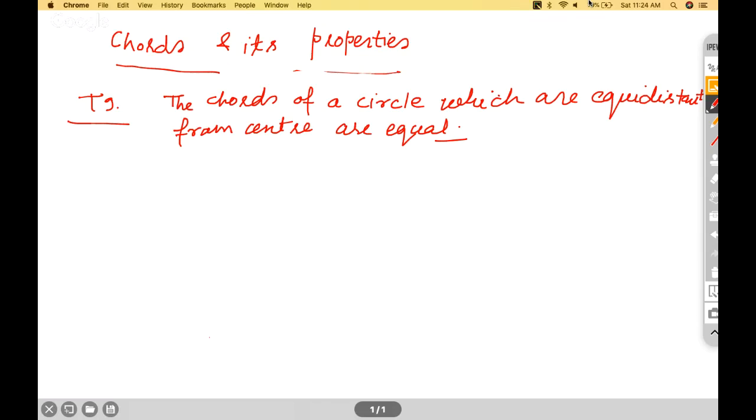Just solve this. Yeah, every month there will be something.